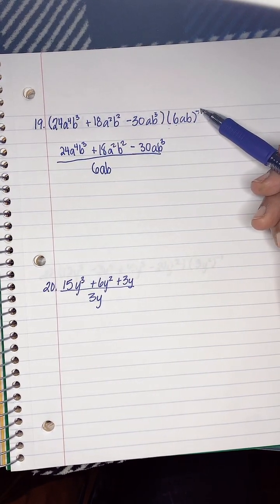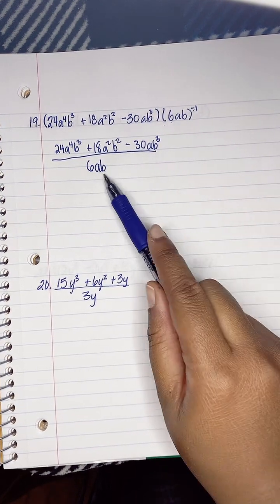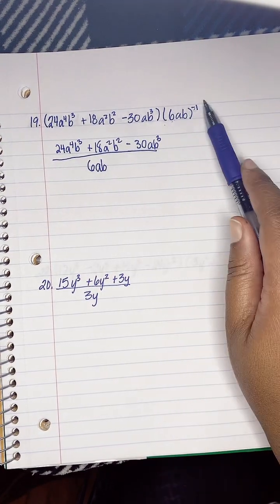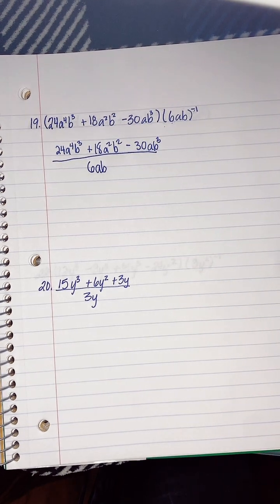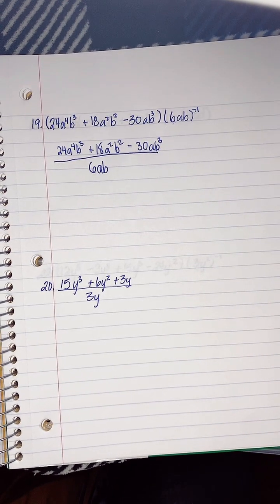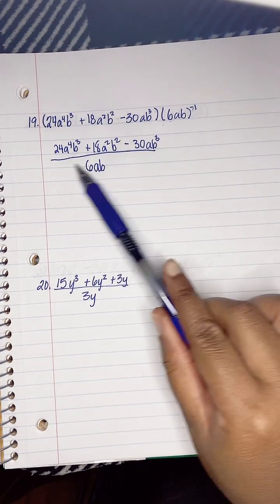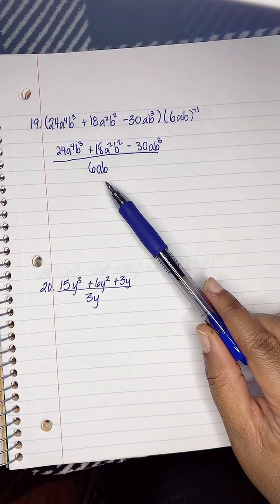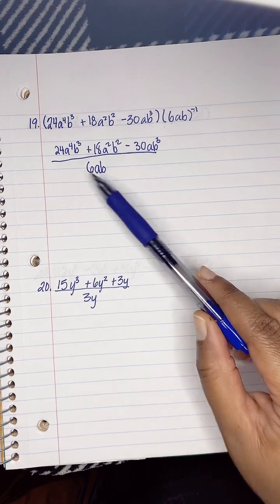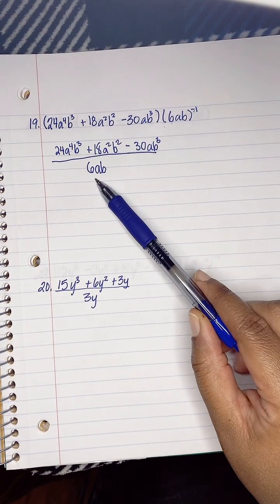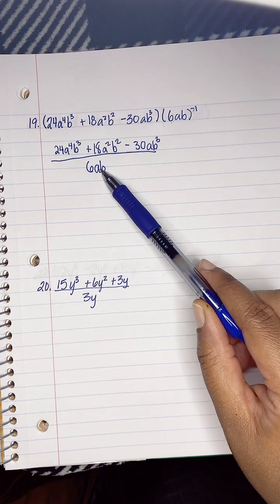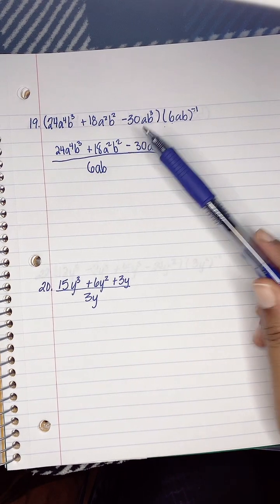So when you have this -1, that's telling you this thing is in the denominator to get rid of the negative exponent. These are your exponential rules that are coming back. So when you see division like this, you have to understand this 6ab is going to each and every term. You're dividing it into each of these.